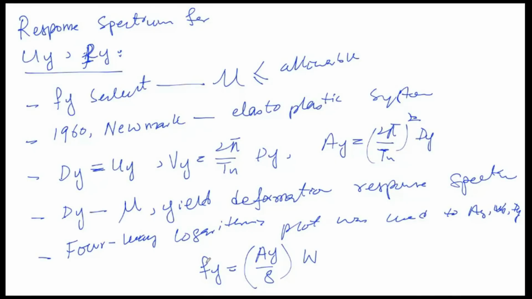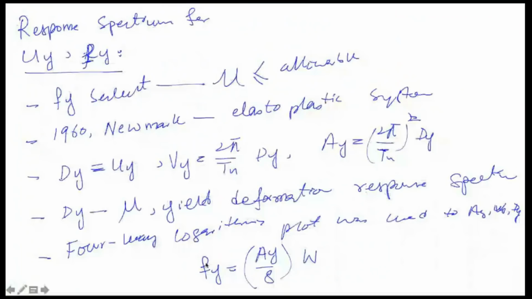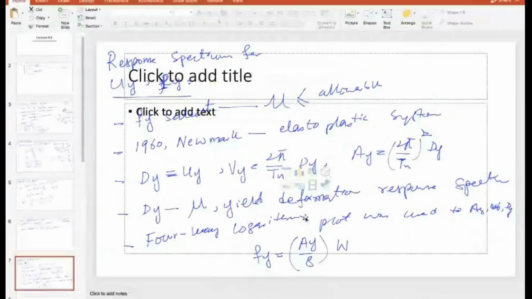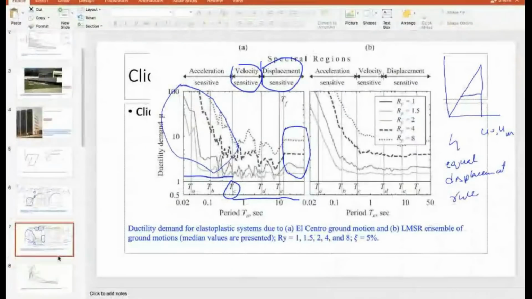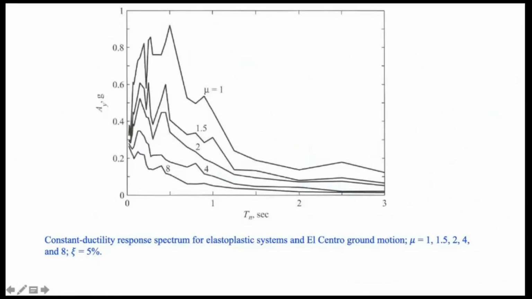For example, there were a number of plots. Let me just show if we have. Okay, something like this. So either in a behavior like this, where the elastic spectrum was shown, showing Ay with respect to Tn, the natural vibration period, for various values of ductility: 1, 1.5, 2, 4, 8, and so on.